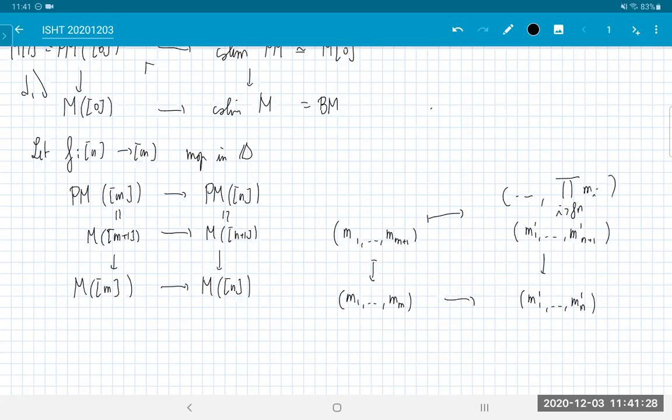And so it's clear that in order for this to be a pullback, we have to be able to divide, because you want to reconstruct M of m plus 1 from M of m, M of n plus 1, which is from this product and these elements here.